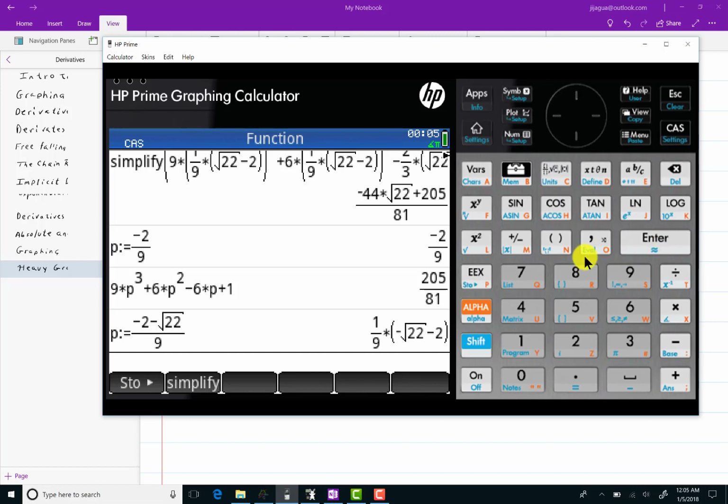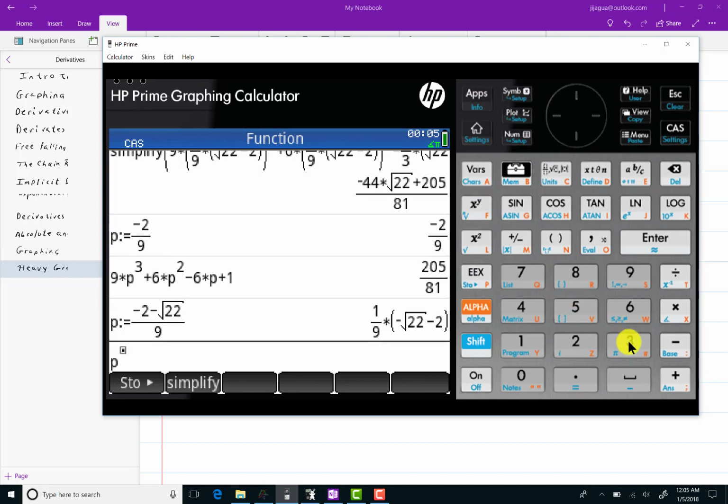Then I can simply go and write the expression for this polynomial. The only thing with my calculator, the HP, is I have to put the symbols in there.